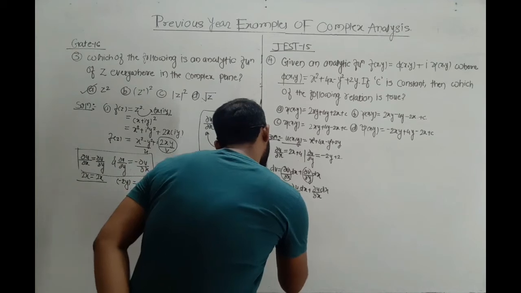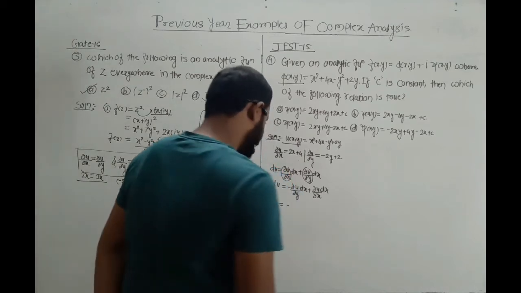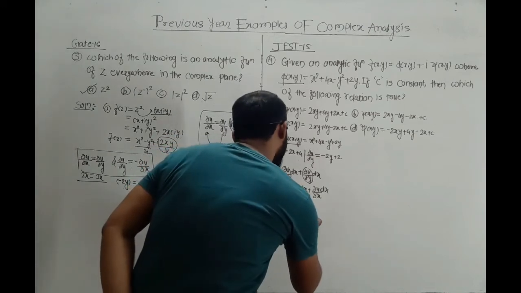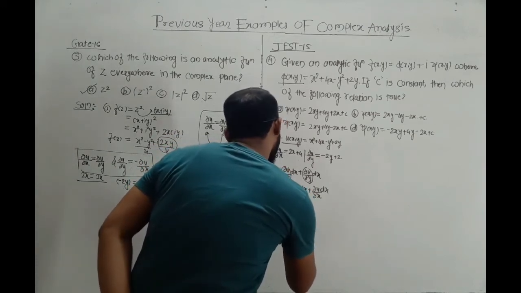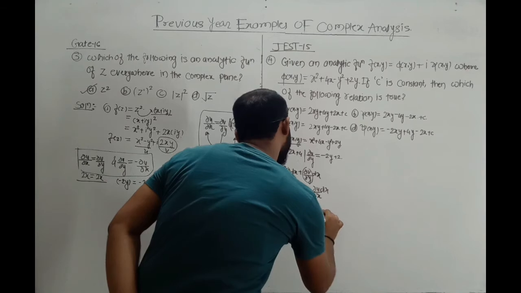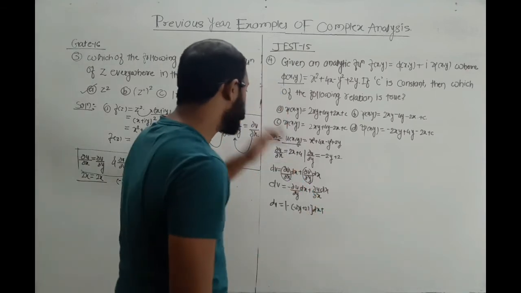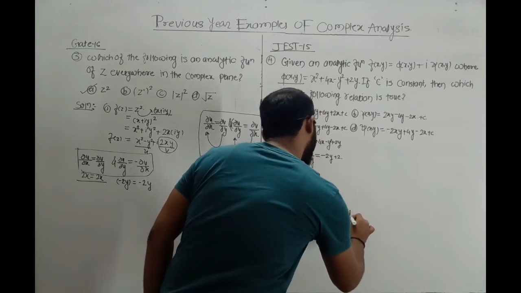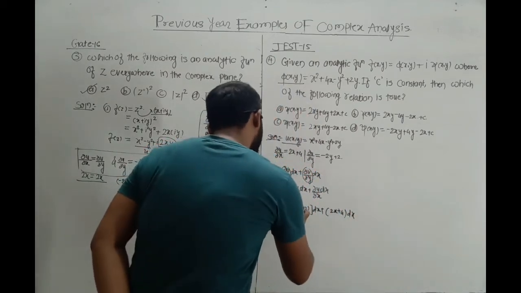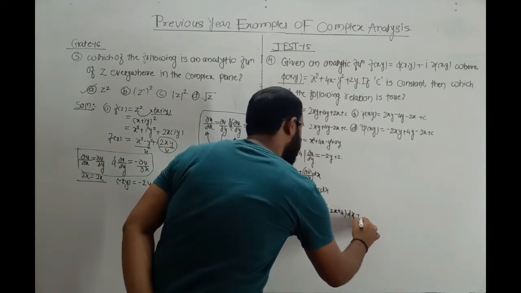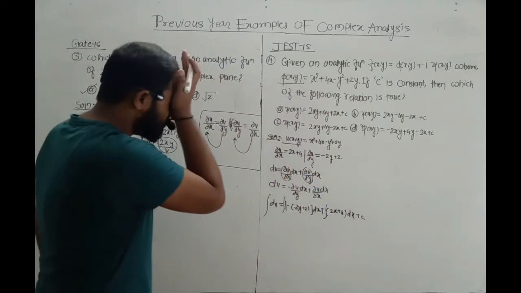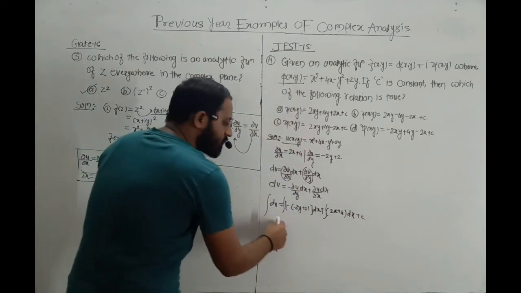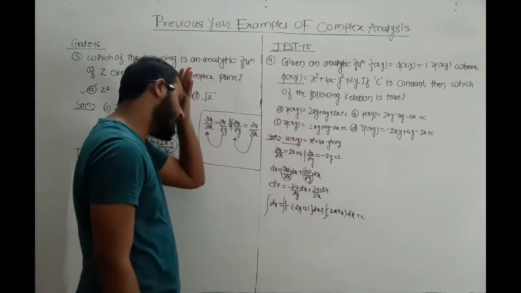Keep the values. Therefore dv becomes minus dou u by dou y, which is minus of 2y plus 2, into dx, plus dou u by dou x, which is 2x plus 4, into dy. Take the integral on both sides and this becomes the exact differential form, that is M dx plus N dy. Here you have to take y constant; where x is present, eliminate.